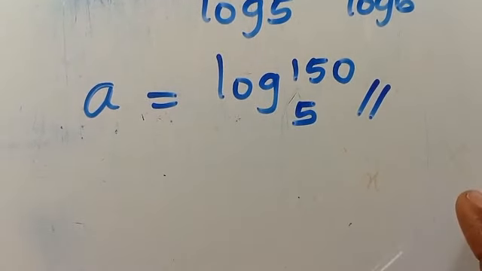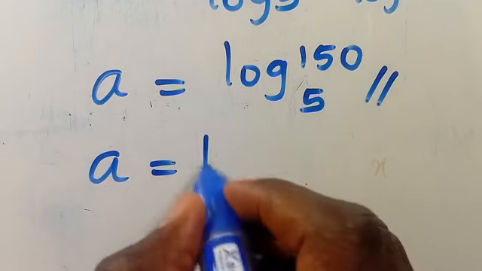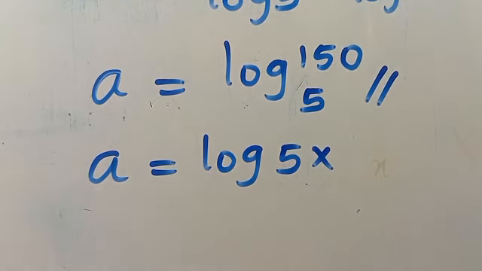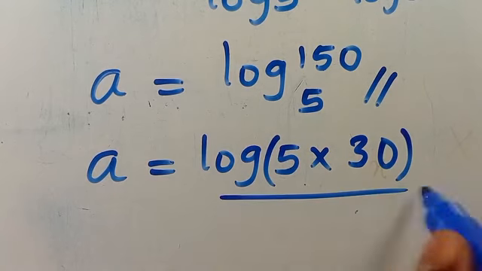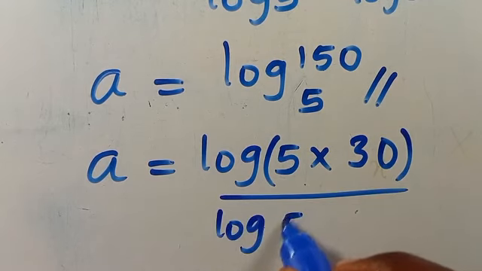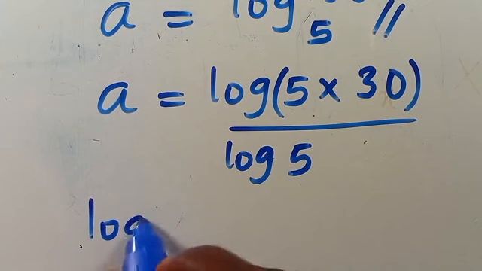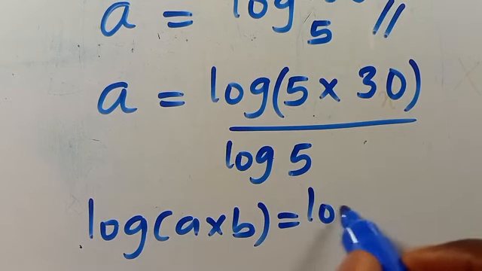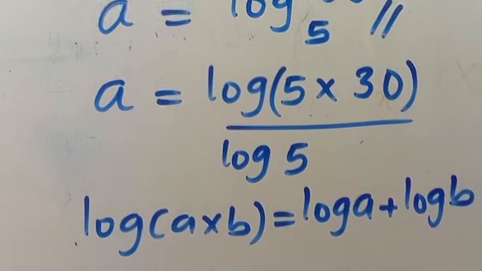But to solve it further, we can have a equals log of 5 times 30 in parentheses divided by log 5. To solve it further, let us recall that log of a times b in parentheses equals log a plus log b.